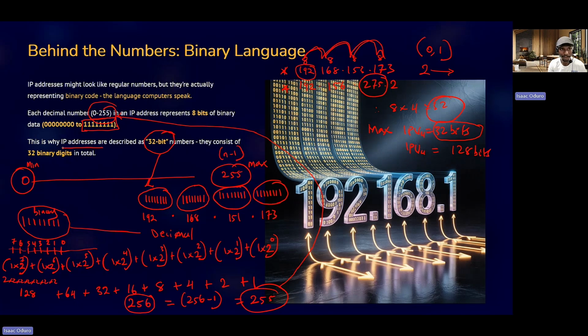So the total of all the bits will give you 32, because 8 plus 8 is 16, and then 24, and then 32, and that will be the maximum binary digits for IP version 4. The binary digit for IP version 6 is 128. Let's dive deep.